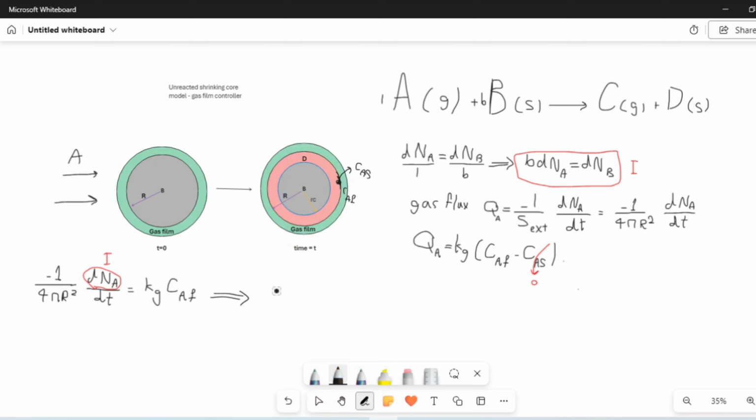Now we can write minus dNB over 4 pi r squared b dt equal to kg multiplied by CAF.